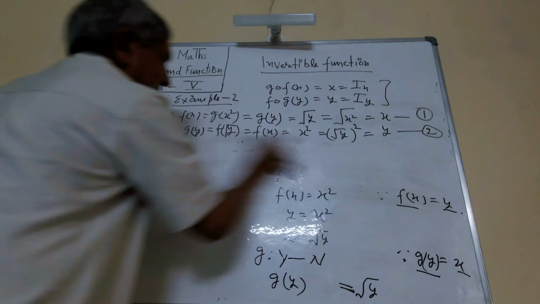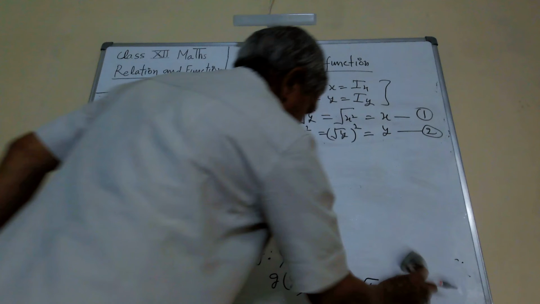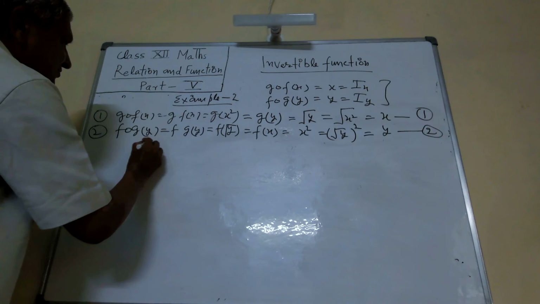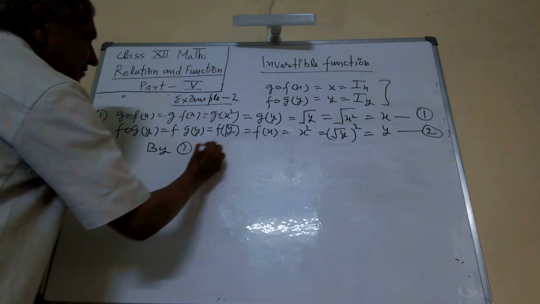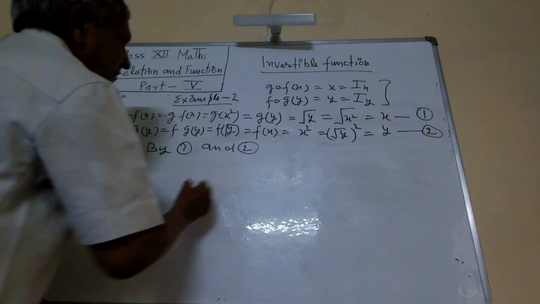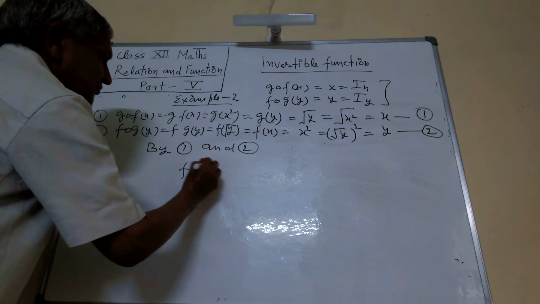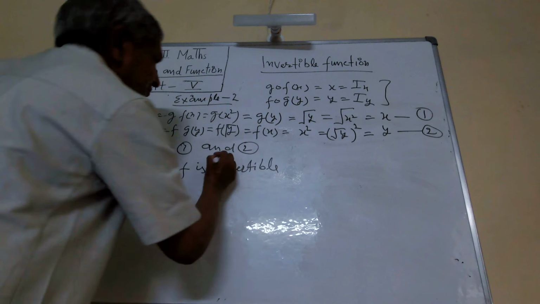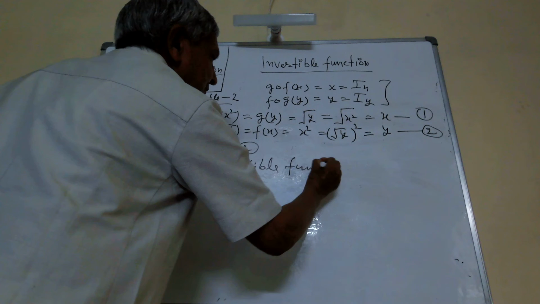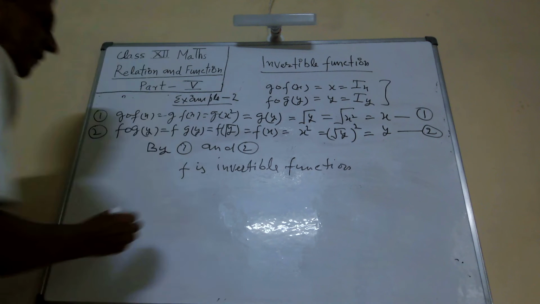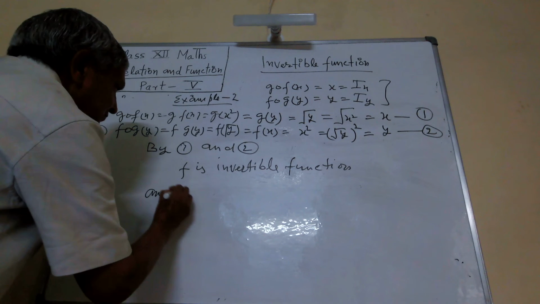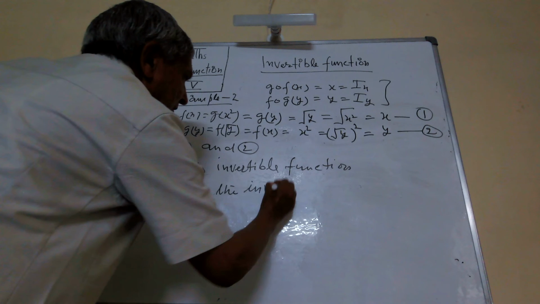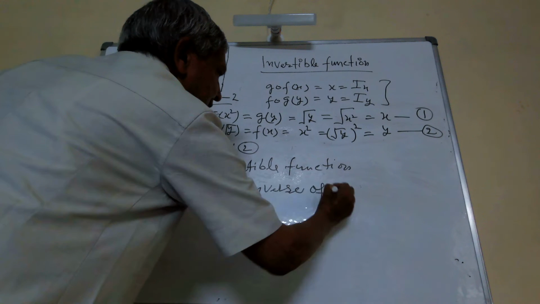Hence both the conditions prove the function is invertible. By first and second, f is invertible function, and g is the inverse of f.